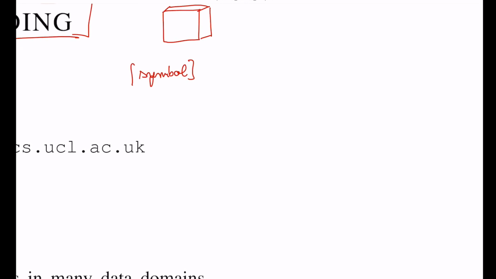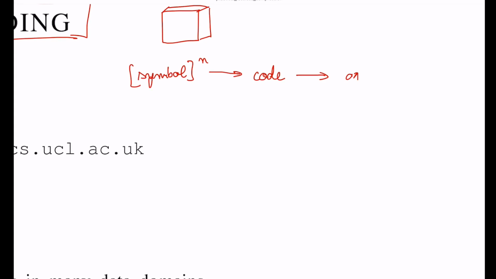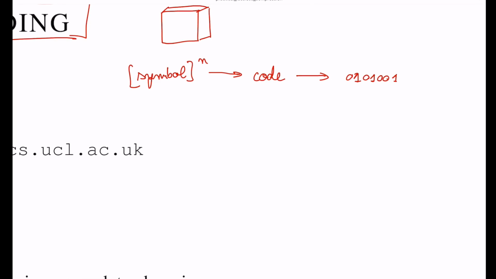Now, the pipeline for compression is that you have a sequence of symbols. So let's say that you have n symbols. Then you are going to create a code from these, and then you will create a binary string that you will send to the other party.